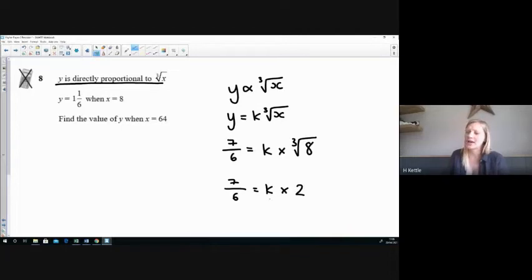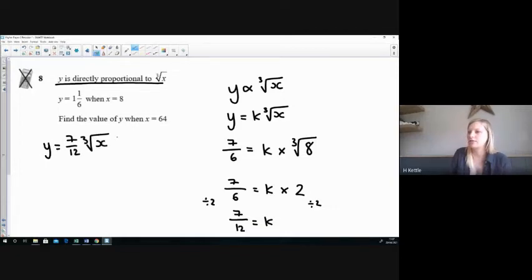If I want to know what k is, I'm going to divide both sides by 2, which would be 7/12. I'm just going to double the denominator instead of actually halving the top in that one. So k is 7/12. So I've got y equals 7/12 cube root x. That's my formula.